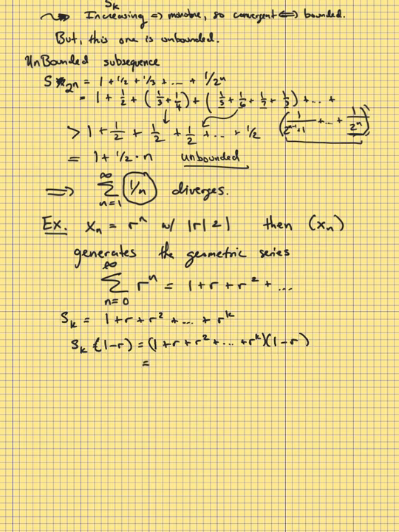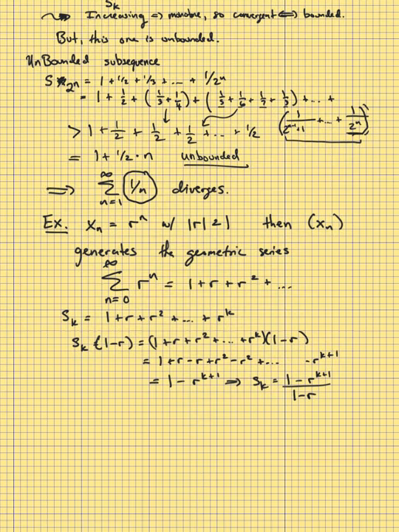This leads to a lot of cancellation, because you have 1 plus r minus r plus r squared minus r squared, and so on. You're left with just 1 minus r to the k plus 1. So s_k is 1 minus r to the k plus 1, divided by 1 minus r.